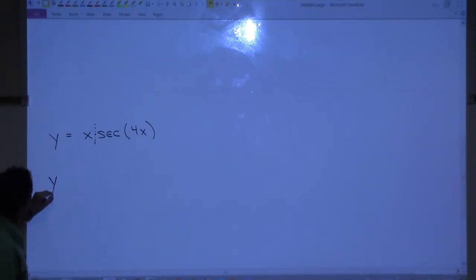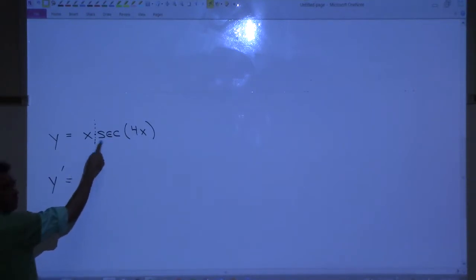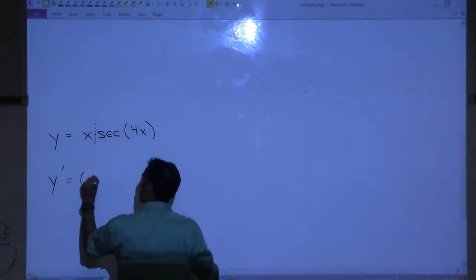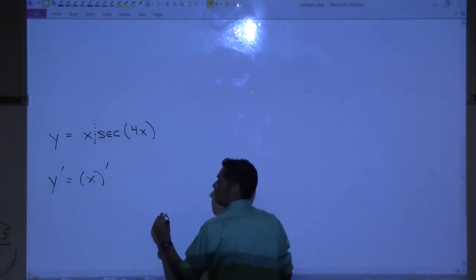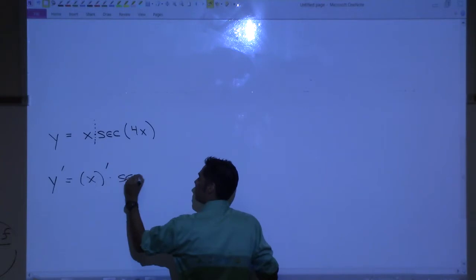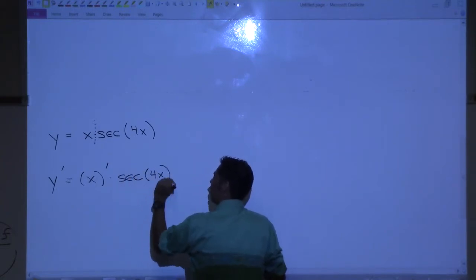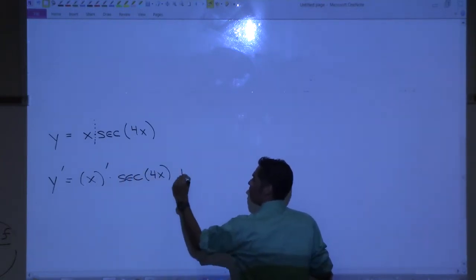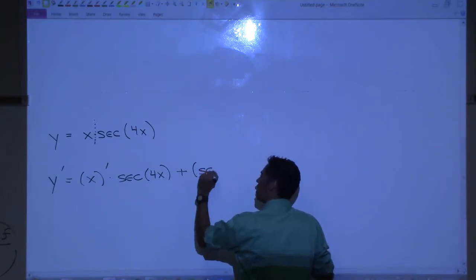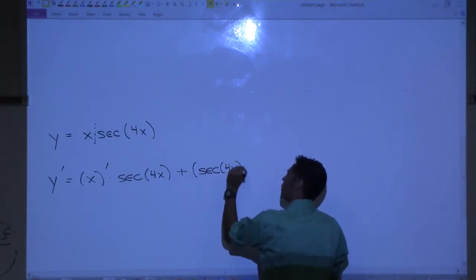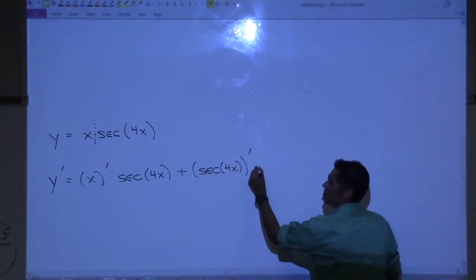What would the product rule tell you you need to do here? So derivative of x times what? Times secant of 4x, and then what? Plus the derivative of secant of 4x, right? Times x.